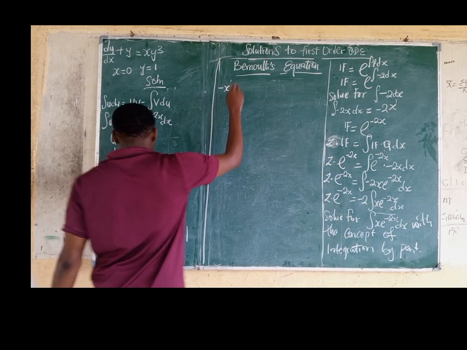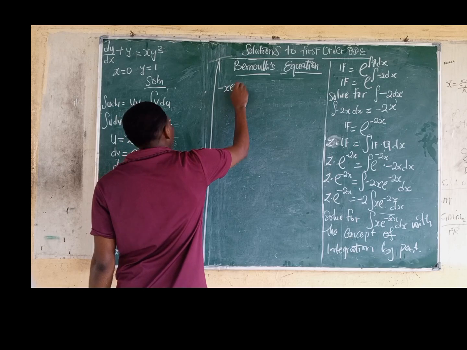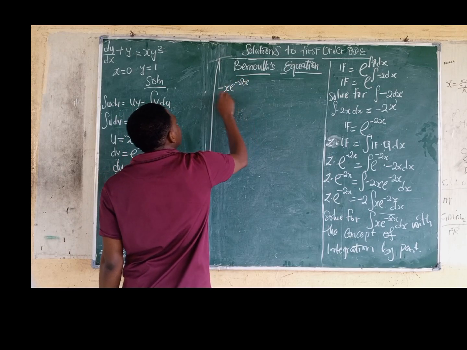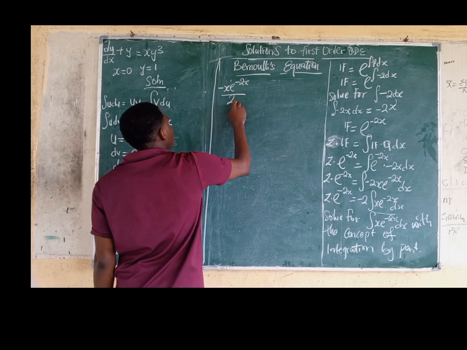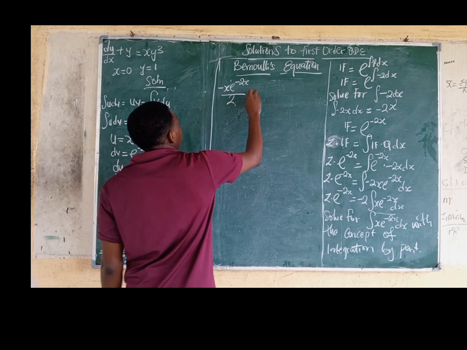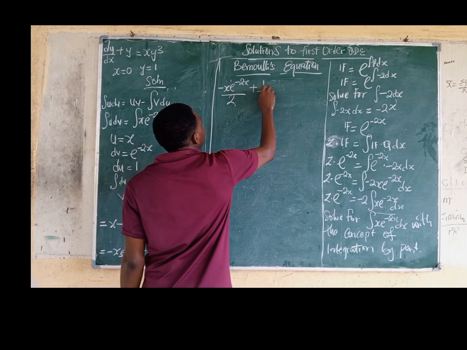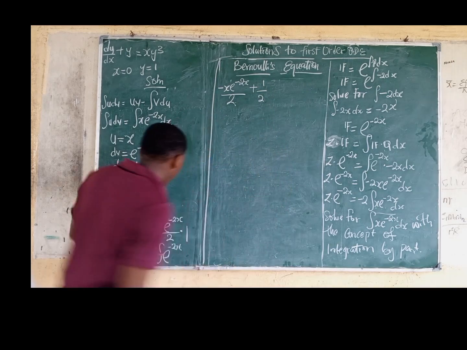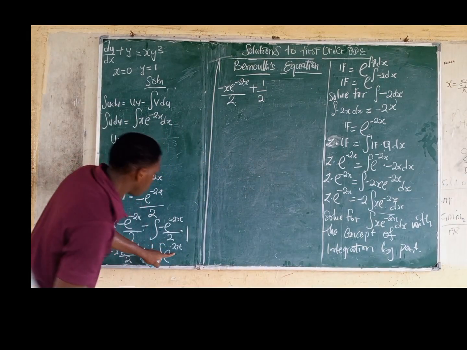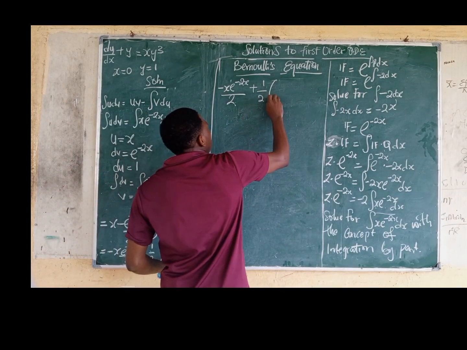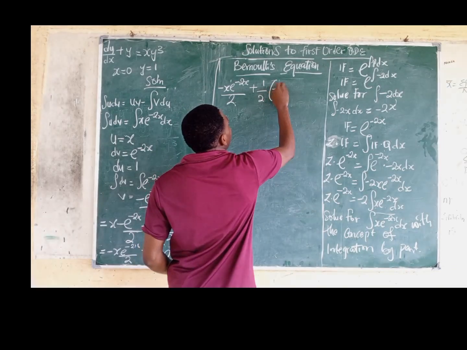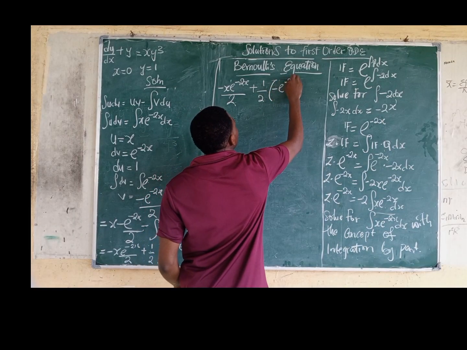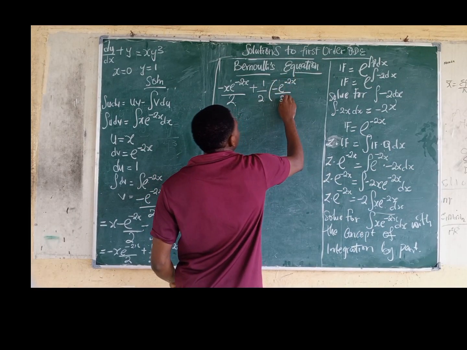minus x e^(-2x) over 2, and this will give you plus 1 over 2. You are integrating this, so if you integrate this, let's bracket it, we have minus e^(-2x) over 2.